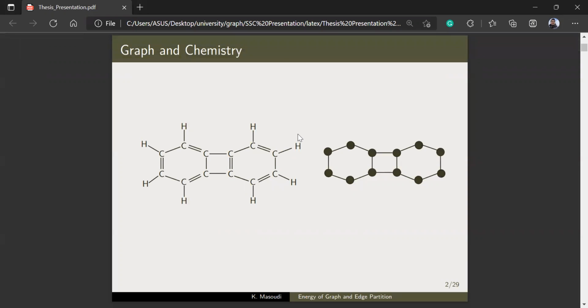First of all, I shortly explain the relation between graph theory and chemistry. Now you can see that we can easily turn a molecular structure into an equivalent graph. There exists an interesting relation between a certain parameter of a molecule and its graph equivalent.